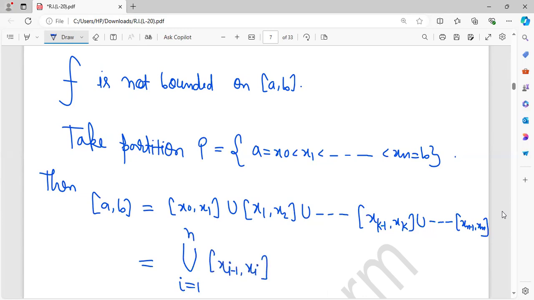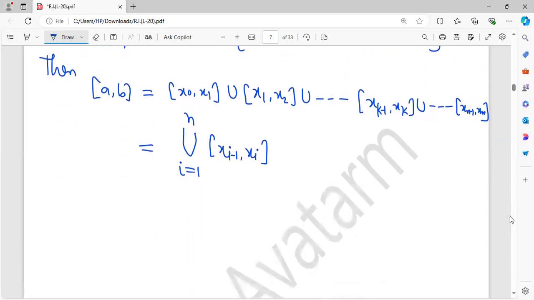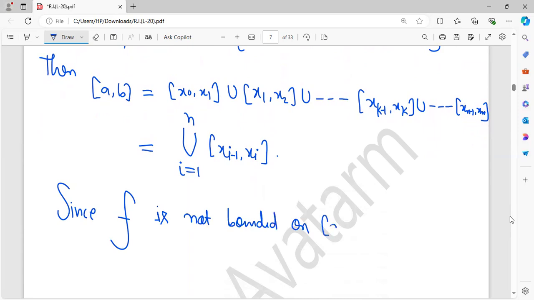Okay. Now, since f is not bounded on closed interval AB, this implies that it will not be bounded on at least one subinterval.